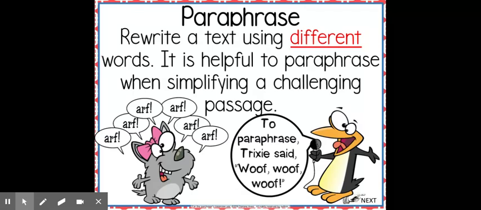So we're now taking Trixie, our dog, and saying woof in order to paraphrase what Trixie is saying. Just in case you don't understand her arf, woof is the same thing. So, paraphrasing is a way to simplify a text that might be a little bit hard, but it's able to still capture the essence of a text.